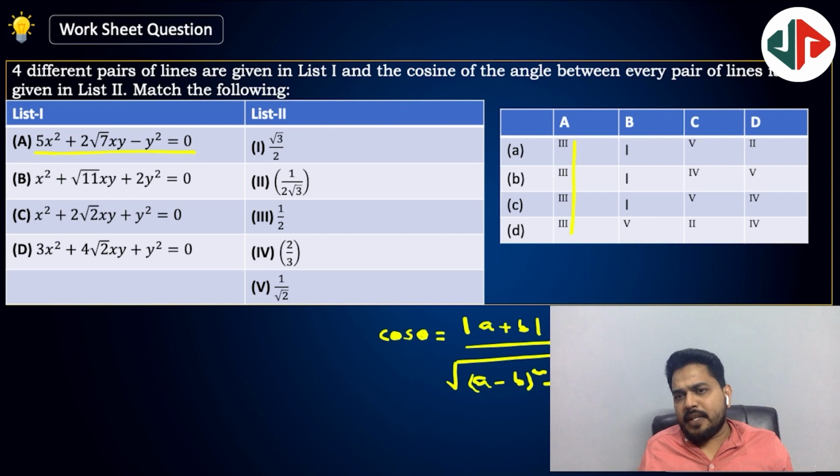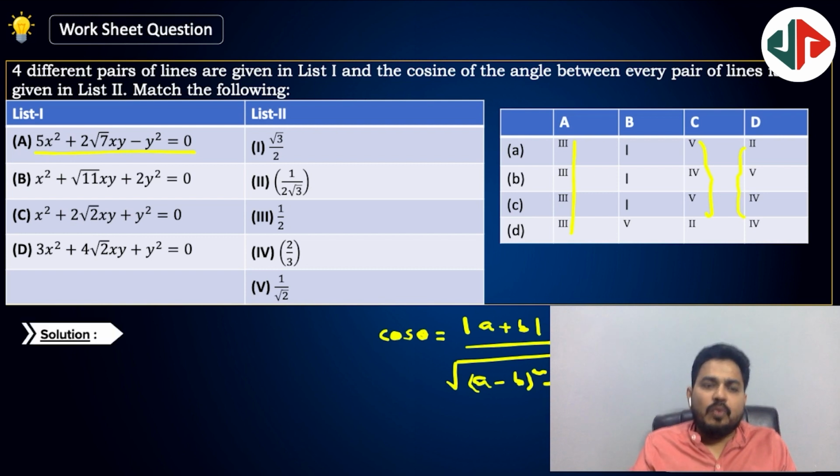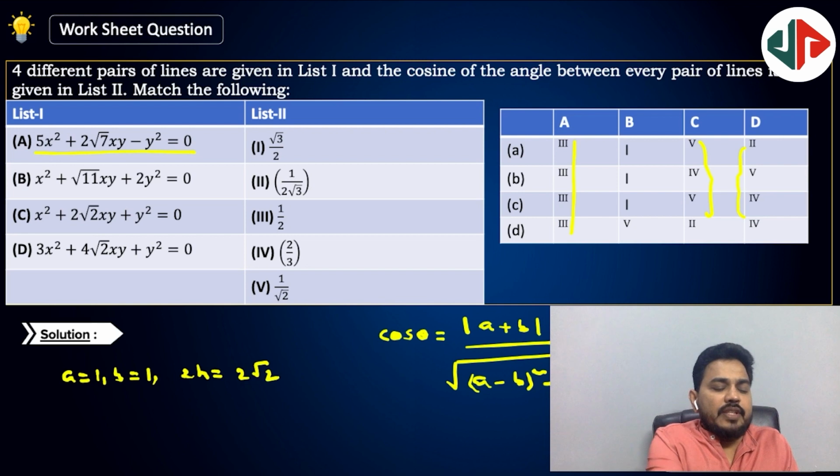So it is better to go ahead with C and D. If you go ahead with the third one, what is the cos theta value? A is equal to 1, B is equal to 1, and 2h is equal to 2 root 2.